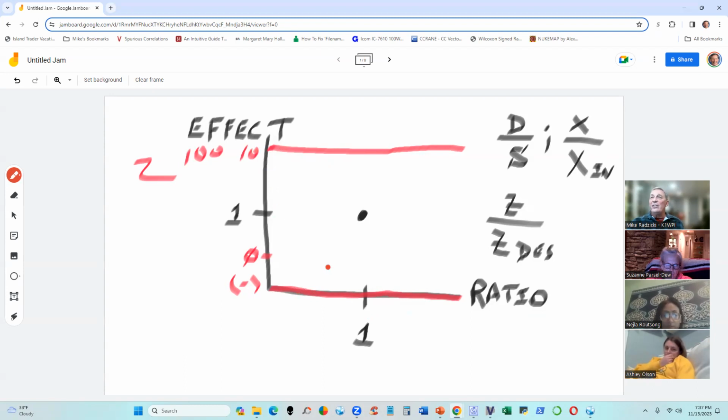And then you have to decide, is there a negative relationship between the effect and the ratio, or a positive relationship? So when demand is greater than supply, okay, so it's greater than 1, this ratio. And this is the effect on price, or on the markup above unit costs. When the ratio goes up, do we want the effect to go up or down?